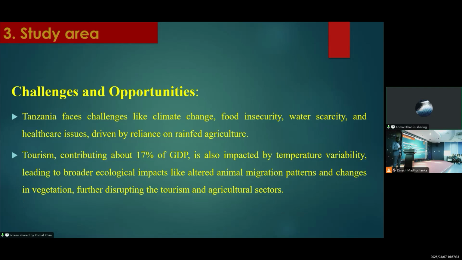It is also impacted by temperature variability, leading to broader ecological impacts like altered animal migration patterns and changes in vegetation, further disrupting the tourism and agricultural sectors.